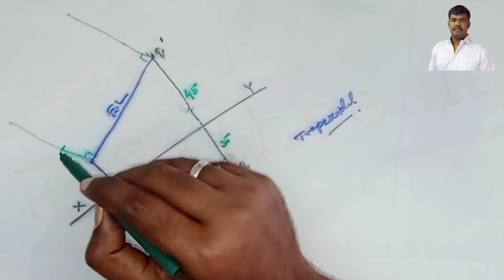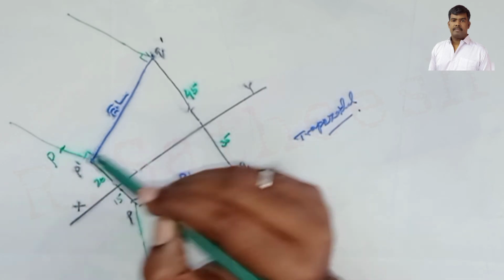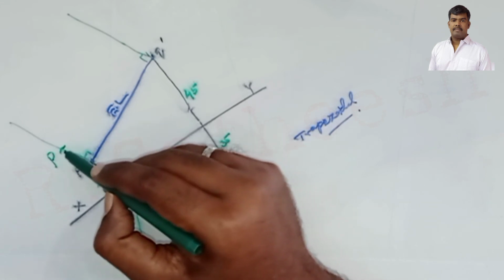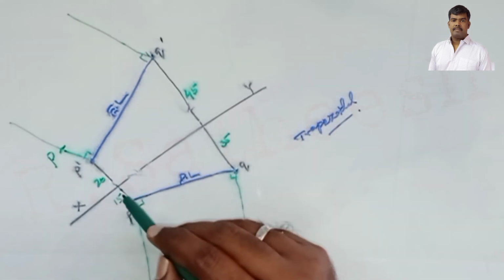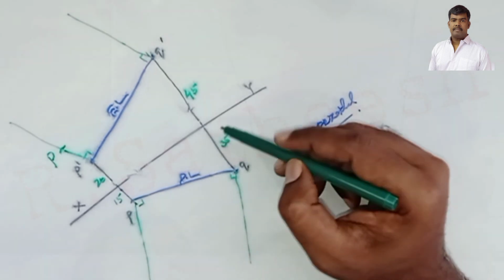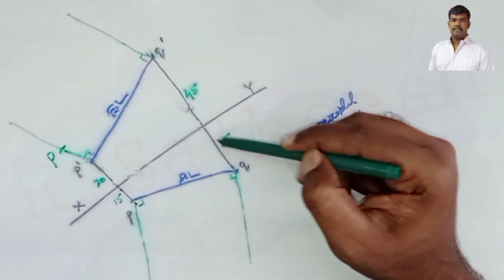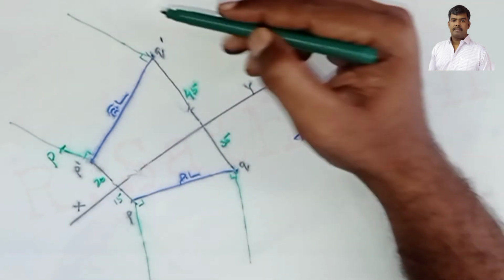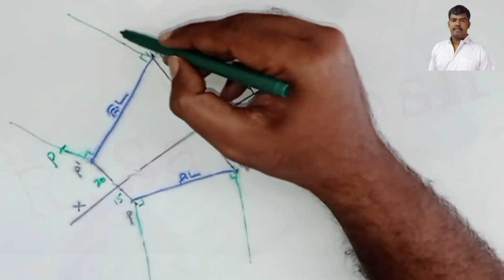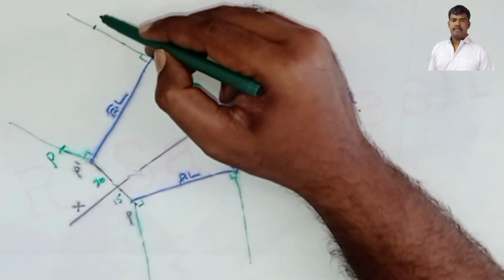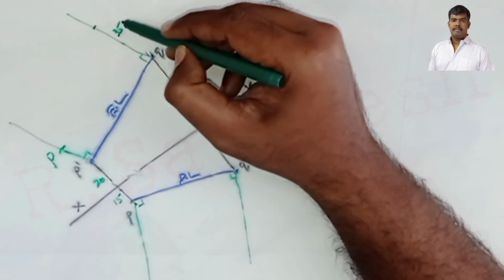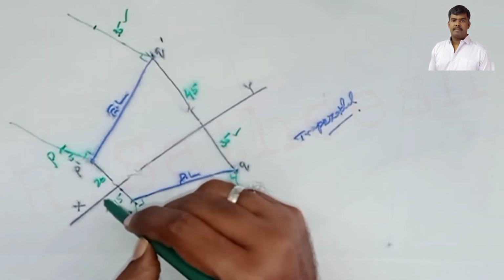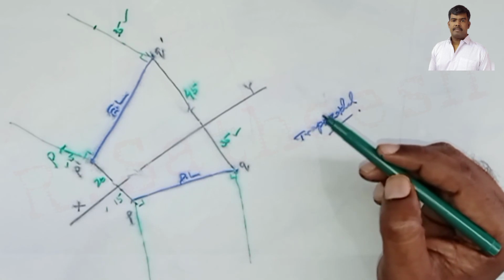So P dash to P is equal to XY to P, that is 15. Similarly, from XY to Q the distance is 35. So this 35 distance you take from Q dash to here. This and this are both equal.